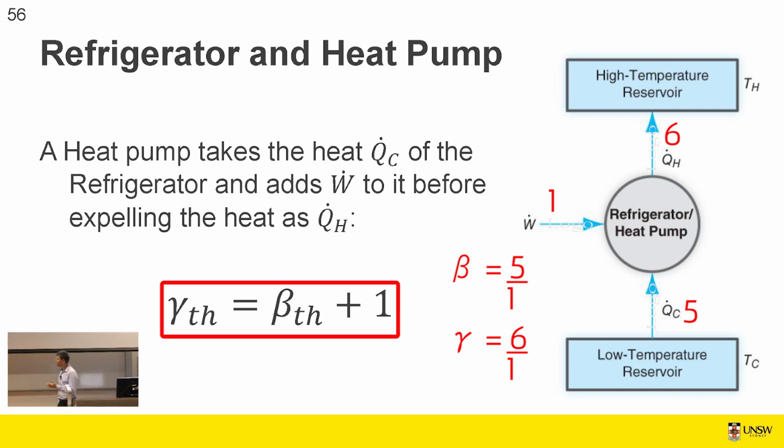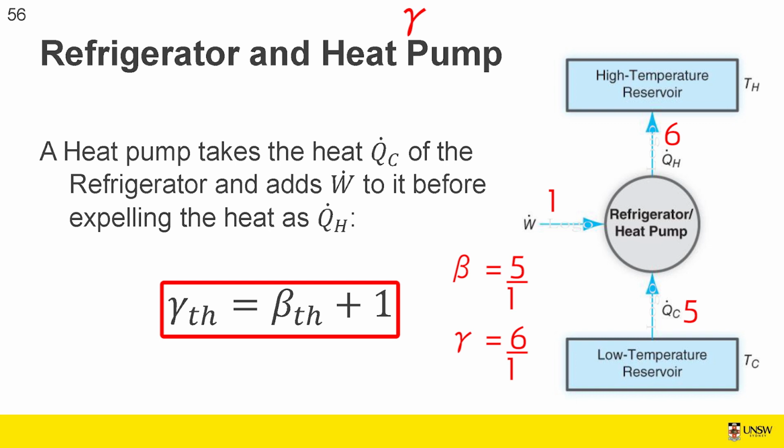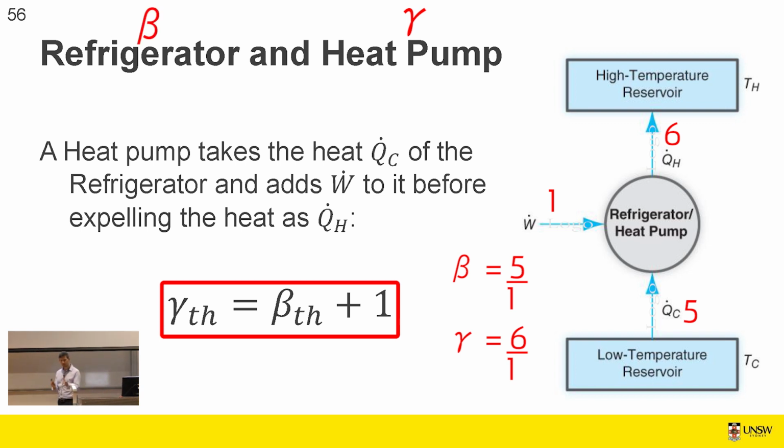So this is thermal efficiencies and thermal coefficients of performance. And there are limits to how efficient you can get, and we'll talk about that when we talk about the Carnot cycle. Excellent. The gamma is the coefficient of performance of a heat pump. So gamma is for the heat pump and beta is for the refrigerator.